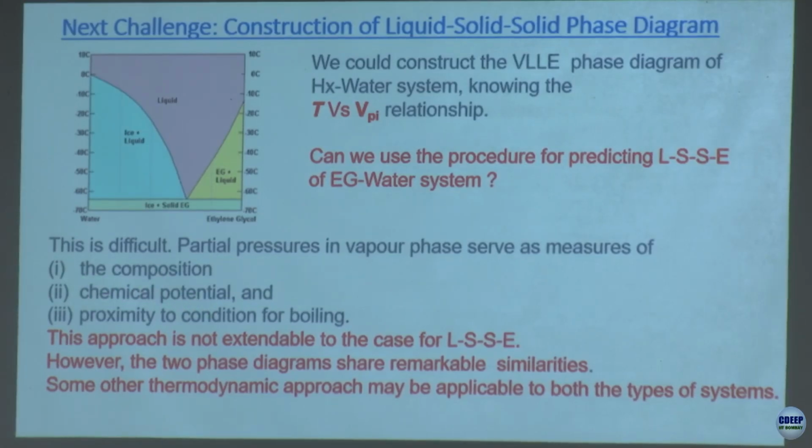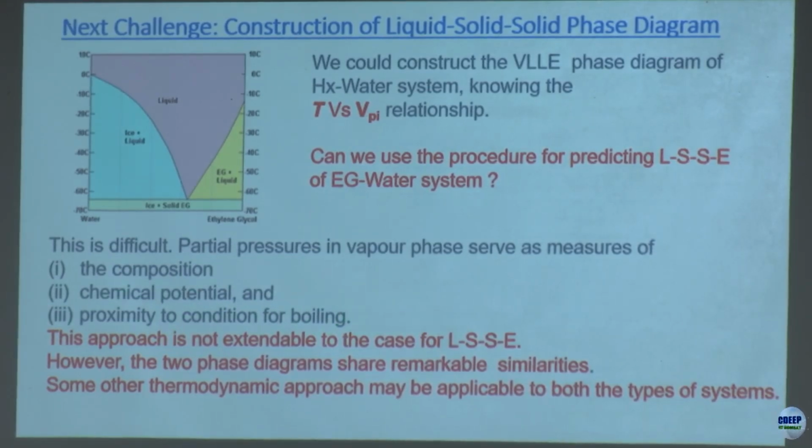It is also a measure of the chemical potential of the vapor phase. It also shows us proximity to the condition of boiling. So boiling point is also something which is very easily interpreted in terms of the VLE diagram. So this approach is really not extendable for the case where you have solid, solid and liquid in equilibrium.